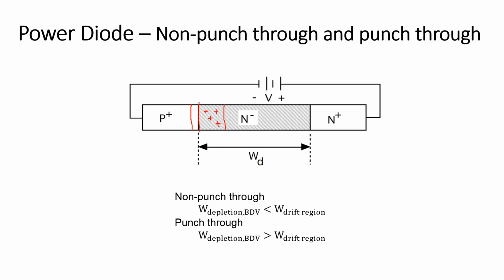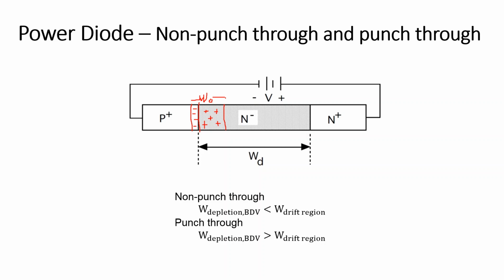So in the n side we have positive charges, and on the p side we have negative charges which are not free to move. So let us say these are the widths at thermal equilibrium. So let us say this is your W naught, as we have seen in the previous videos.